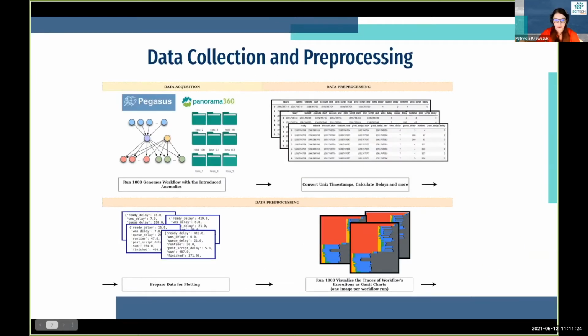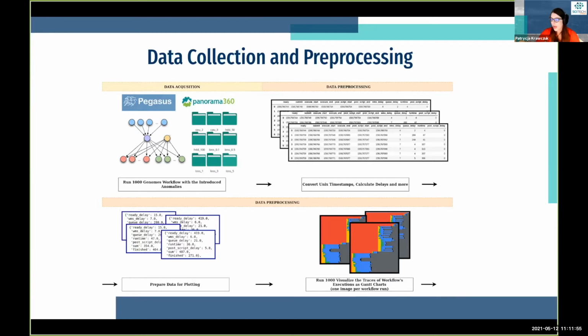And here is a little bit of a diagram of how we are collecting our data and how we are preprocessing it. So we use Pegasus and Panorama 360, which is this end-to-end advanced monitoring framework that allows us to get a very detailed view of what is happening during the run of the workflow.